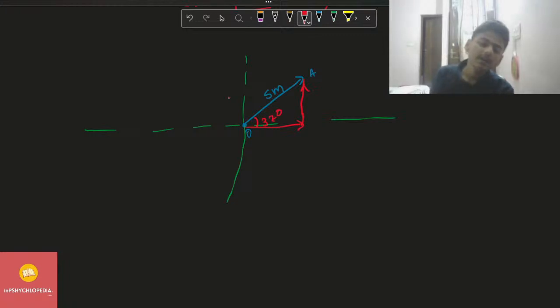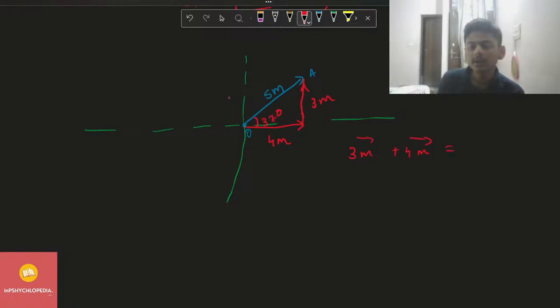So rather than saying this, we could have just said that the particle has traveled, the displacements are in x direction equal to 4 meters, and in y direction equal to 3 meters. In vector form, 3 meters plus 4 meters.